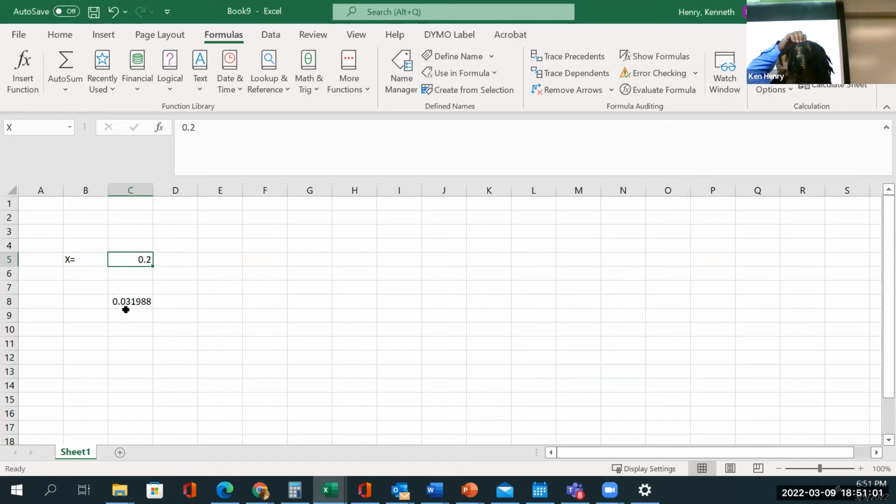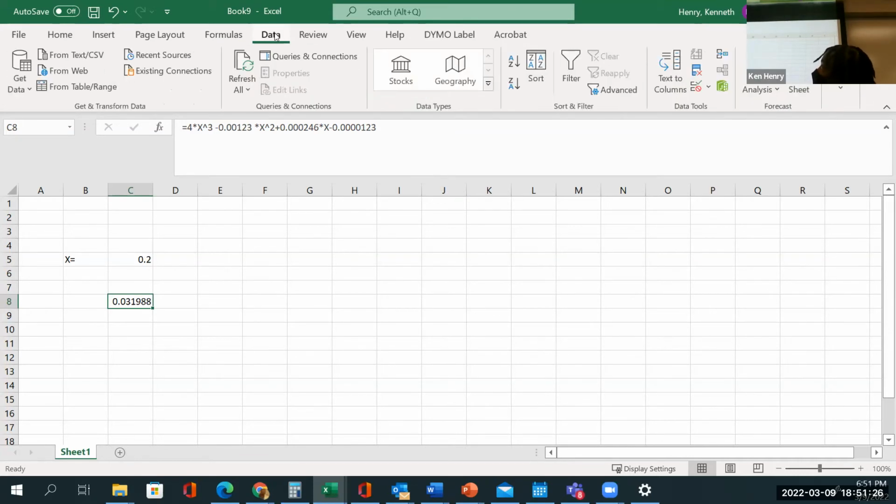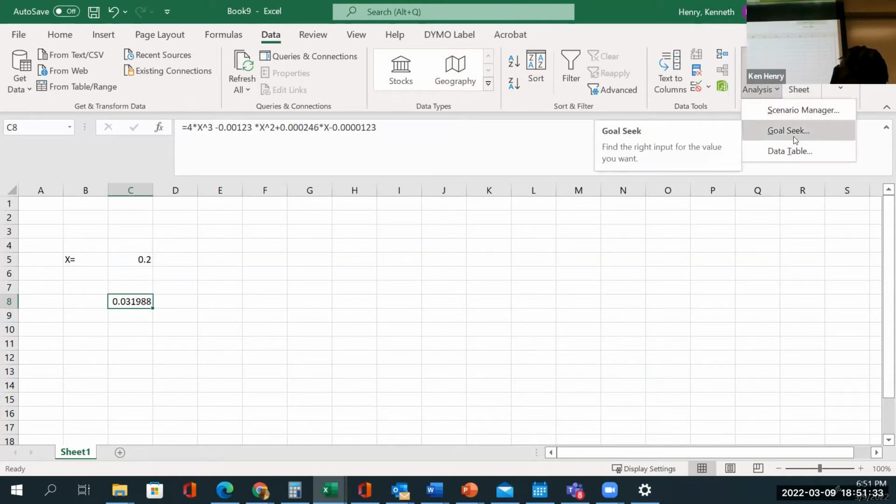Okay, so this shouldn't be the answer you got yet. Now we want to set a goal for this, right? Sorry, I cannot see anything these days. Old age. Got to go to data, then what-if analysis, goal seek.